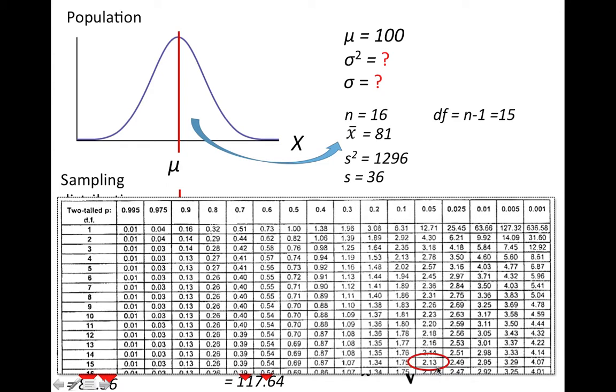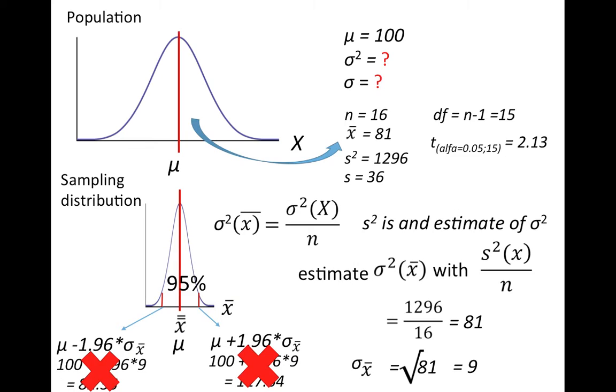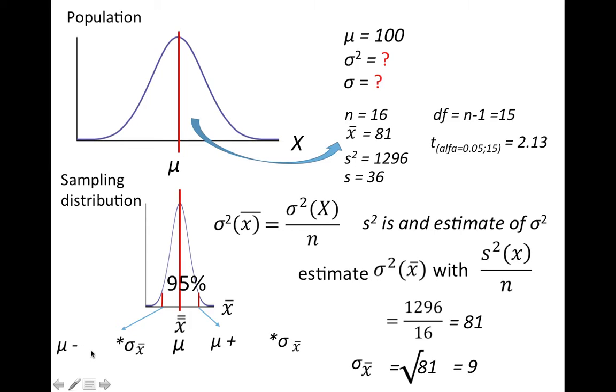Here you find the number 2.13. This is our critical t-value for a p-value of 5% and 15 degrees of freedom. Instead of using this number 1.96, we use our critical t-value of 2.13.